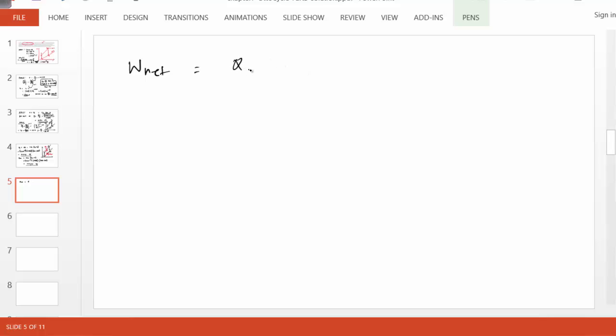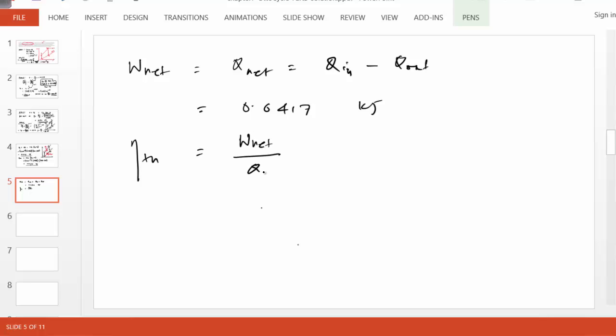W net and Q net are equal, which is Q in minus Q out, which is equal to 0.0417 kilojoule. So if you have to find the thermal efficiency of the Otto cycle, W net divided by Q in, and we can show that it's about 60.2%.